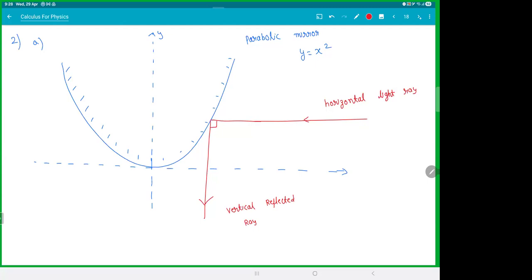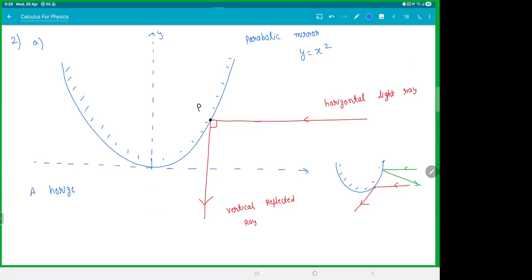Now understand one thing, this does not happen every time. For example, if you take a mirror like this and if you send a light ray, if you're hitting somewhere here, the light ray can become like this. If you're hitting somewhere here, the light ray can become like this. So it does not become 90 every time. This happens for a specific point P. So only when you hit the light ray at a point P, it becomes vertical, right? So a horizontal light ray hits the mirror and becomes vertical.